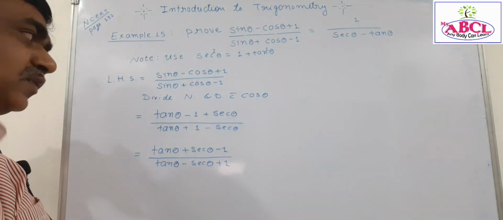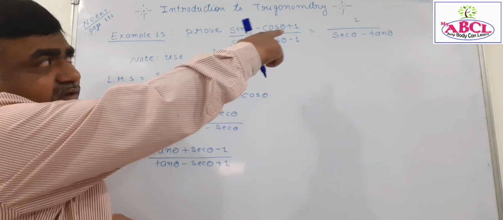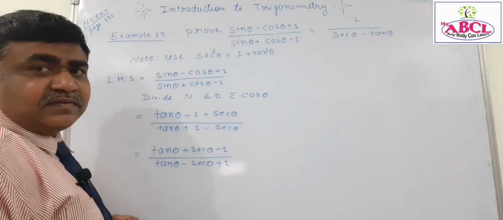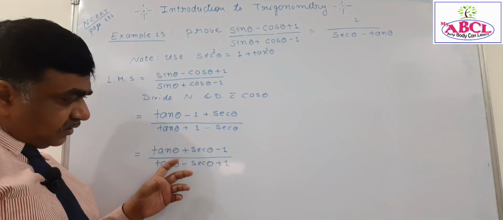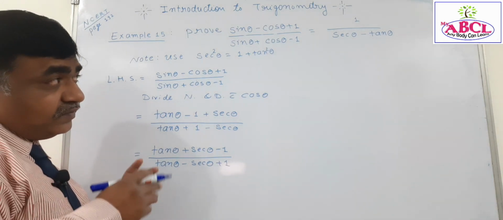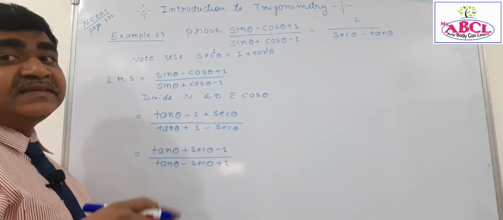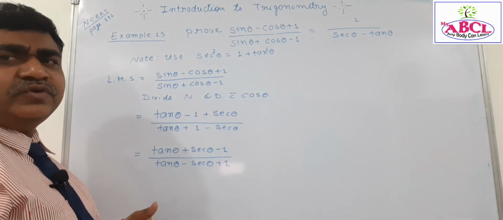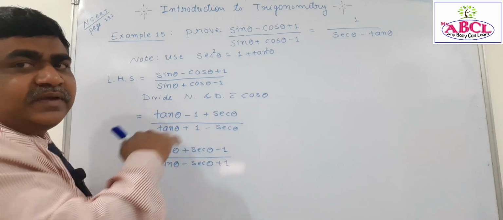Okay. So now what is my desired result? My desired result is 1 upon sec theta minus tan theta. From now I see that it is difficult to go in any other direction. So what we'll do, we'll use the direct result. We'll multiply with the result itself and divide by the result, so at last we will have the result and the other things will be nullified.